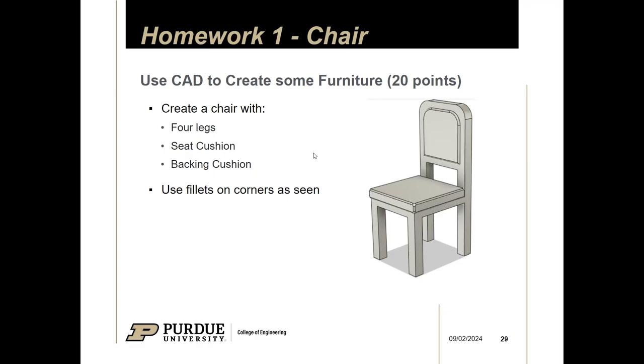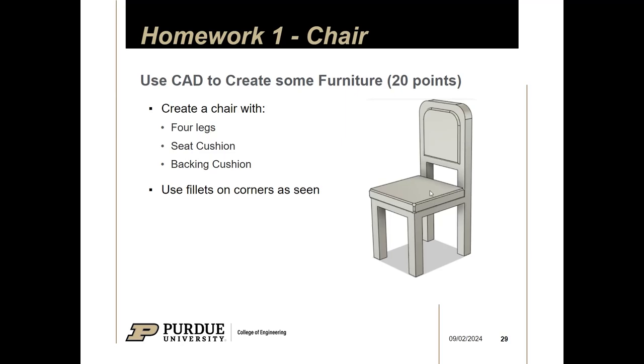The homework for this week is to create a chair. These requirements are pretty lenient and loose. Your chair doesn't have to look exactly like this one, so feel free to let your imagination run wild. So you'll see you're going to want a chair with at least 4 legs, a seat cushion, and a backing.